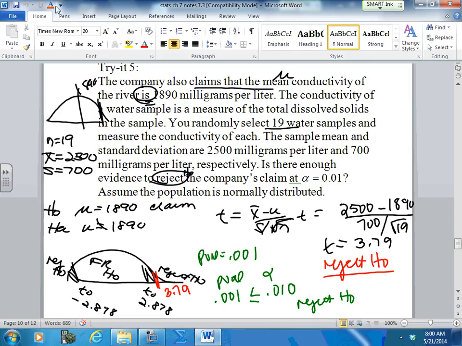Did you see it? P equals. Everybody do that? Okay. So P is very, very small here.